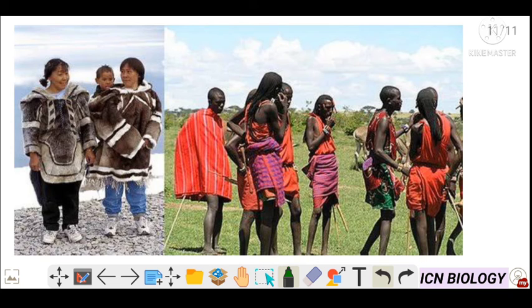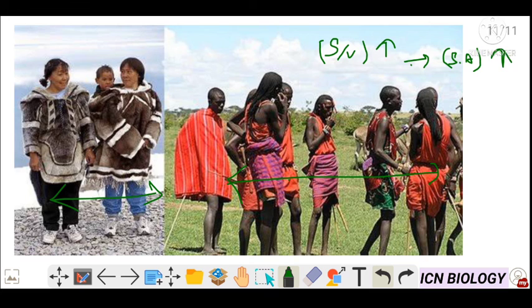Here in this case, this is one population and this is another population. In this population, the males have smaller body size. Due to smaller body size, their surface by volume ratio is high. Due to high surface by volume ratio, their surface area also increases.